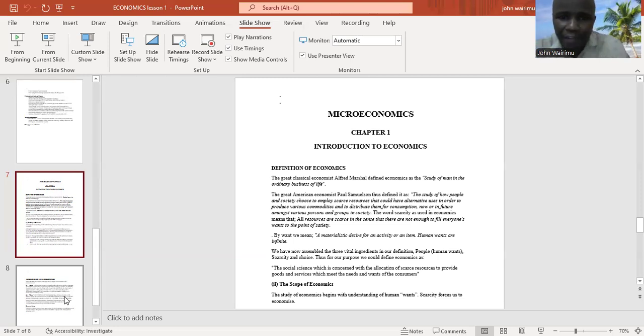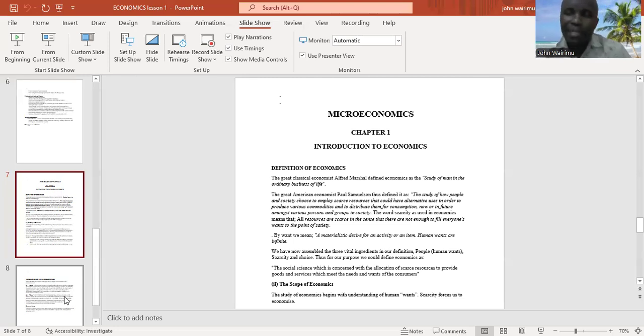One is called Alfred Marshall. He said that economics is the study of man in the ordinary business of life. That means whatever we do each and every day comprises economics. When you want to get your money, board a bus, board a matatu, take a ride, plan for food, in our ordinary business of life.